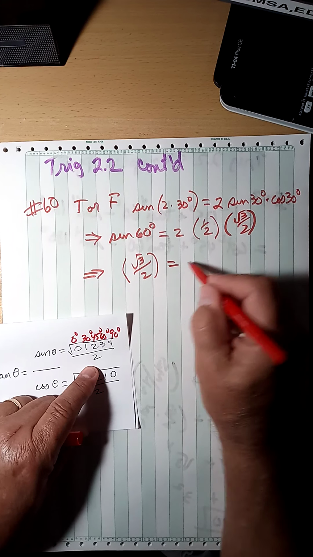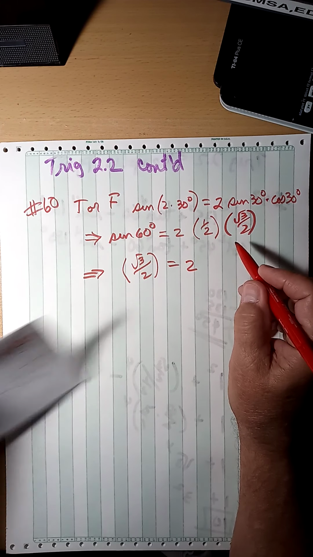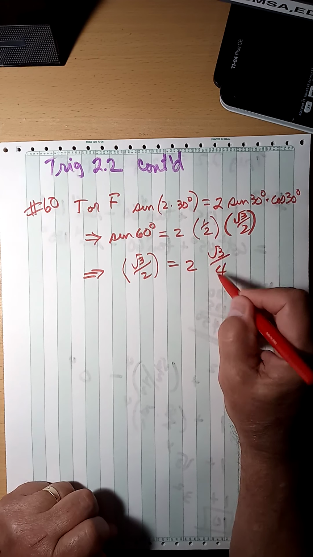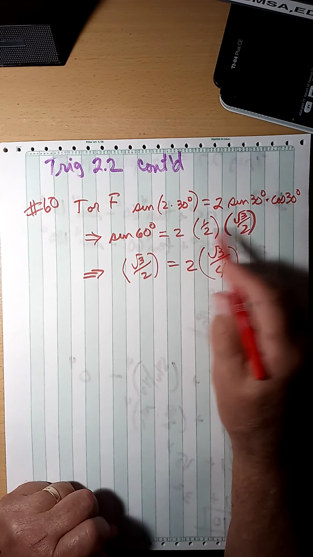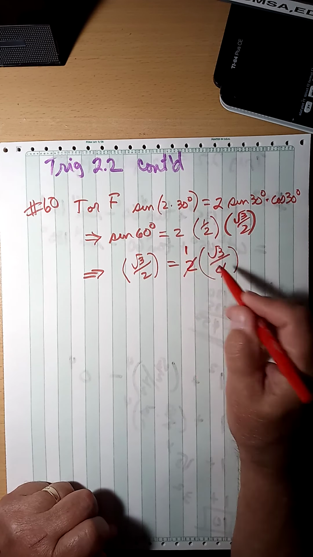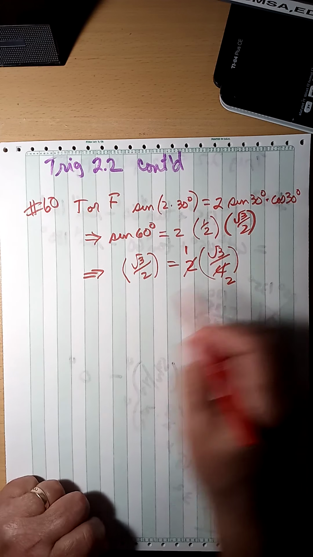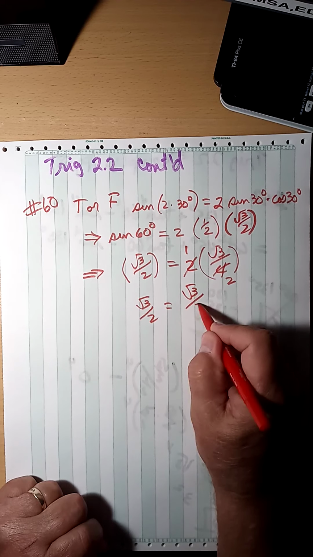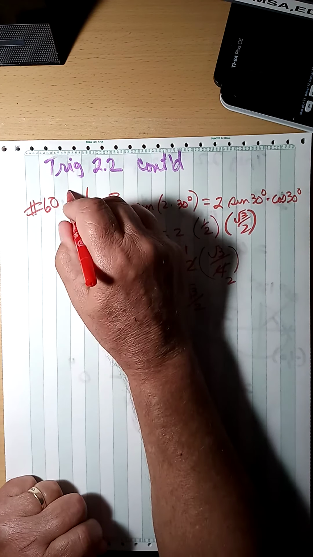Does that equal 2 times, well, let's see. This is the square root of 3 over 4 when you multiply these two together. And this 2 will cancel with one of those. So yes, the square root of 3 over 2 does equal the square root of 3 over 2. It is true.